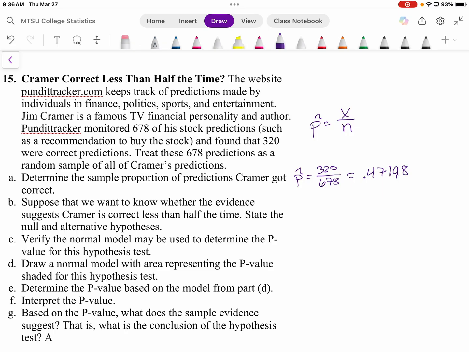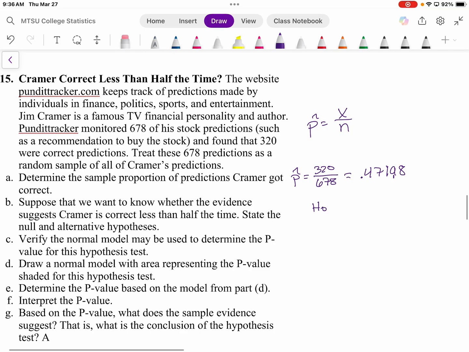Suppose that we want to check whether the evidence suggests Cramer is correct less than half the time. State the null and alternative hypothesis. So what is the H sub 0 and the H sub 1 based off of what they said right here?